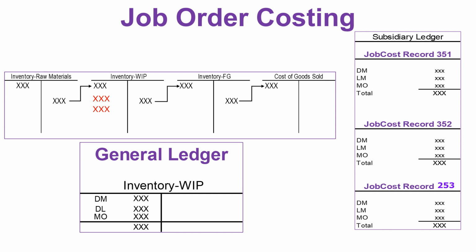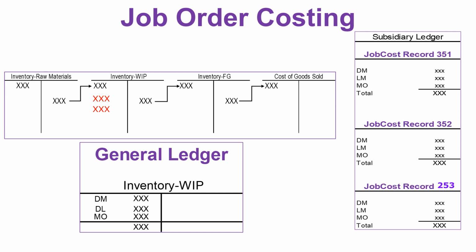Now, as I've previously discussed, we will also maintain a separate job cost record for each and every individual job that's in progress for the different kinds of products that we're manufacturing at that particular point in time.